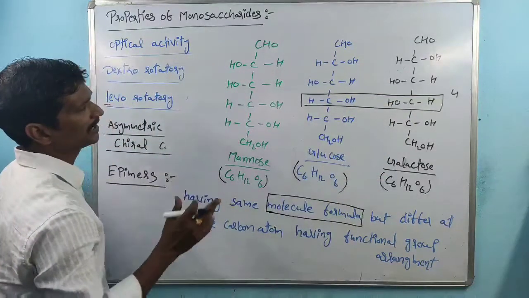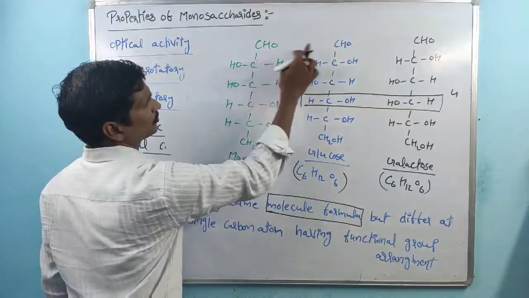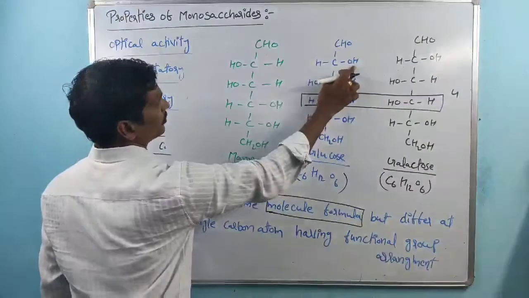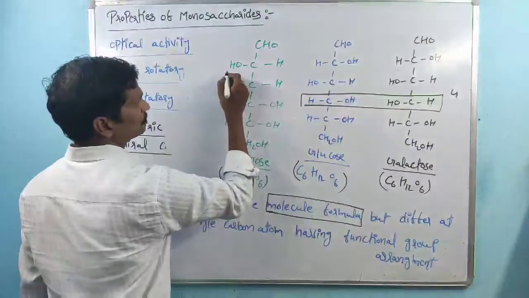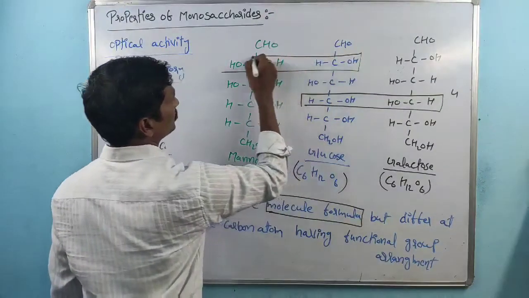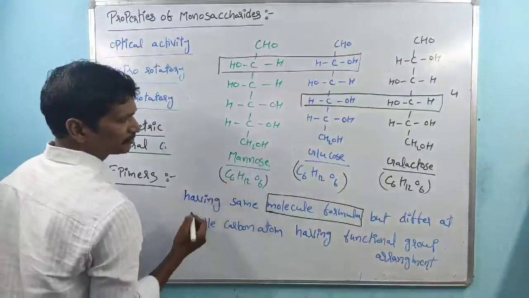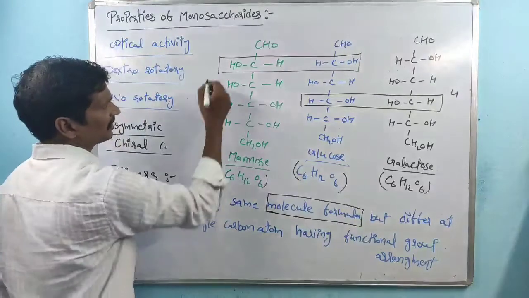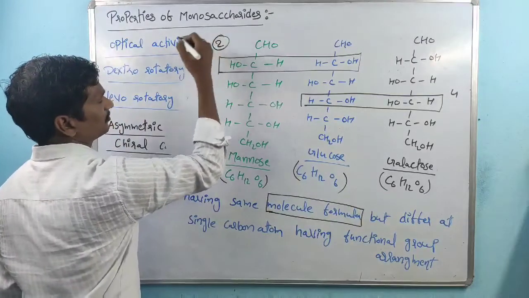And coming to mannose, see CHO, right? Here OH, here OH. So this one is different. So mannose and glucose differ at the second carbon atom.